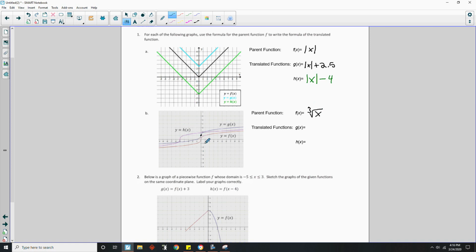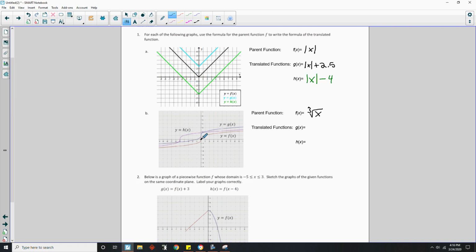All right, so now translate function g of x. Let's see. Oh, I'm sorry. The parent is going through the origin. So let me just change that right there. So I should be looking at this red one.